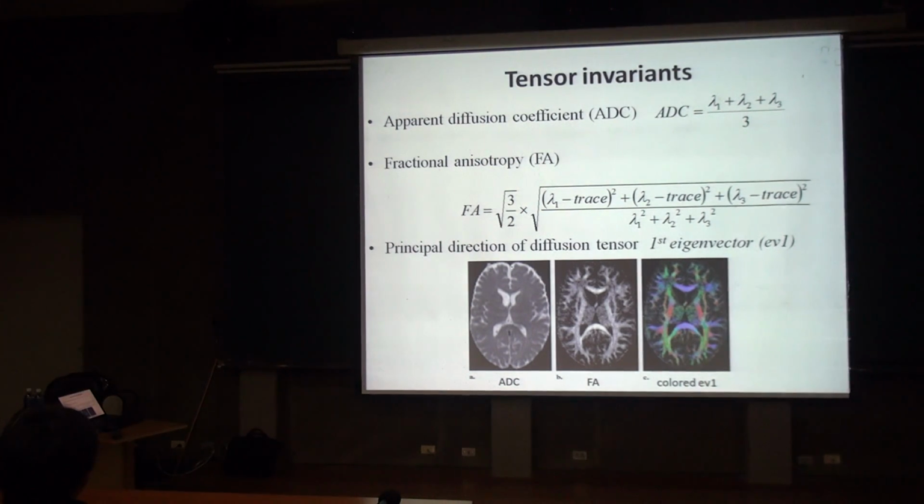Why does the white matter have higher FA than the gray matter? Because in the white matter, they are all axons. And axons are a restrictive environment for the water molecules. So water molecules in the white matter cannot diffuse very freely, okay?